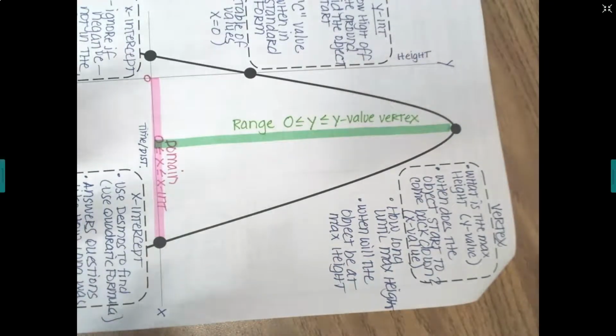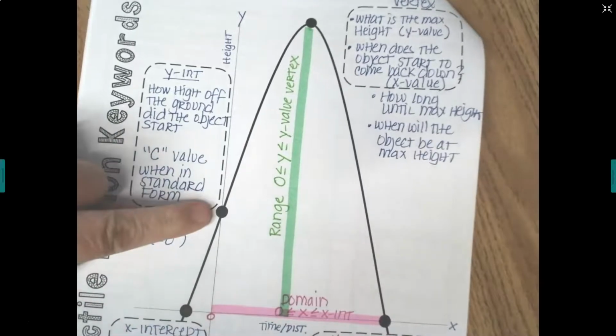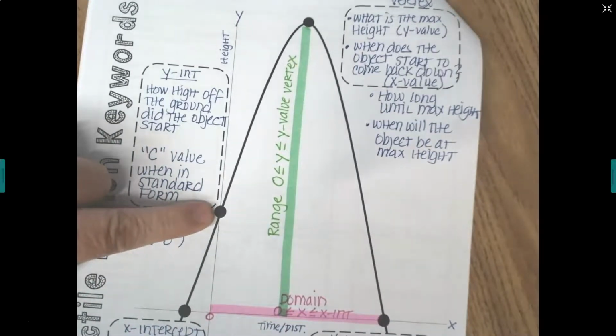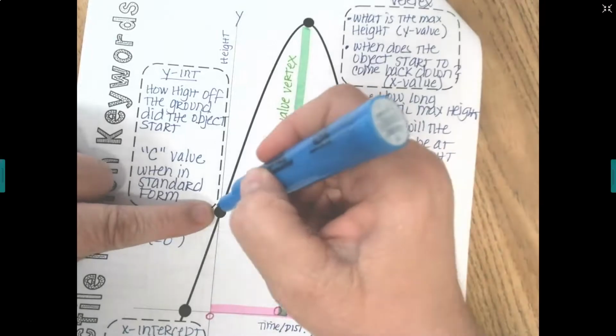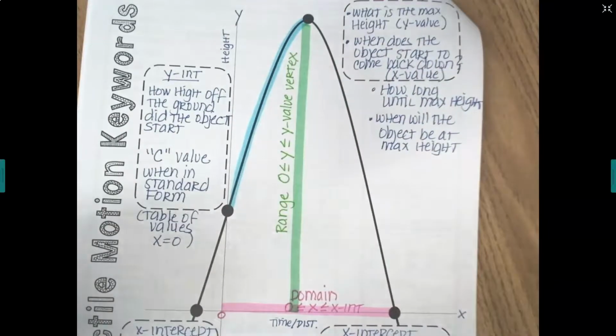So these real world problems have restricted domains and ranges. We have to pay attention to what can actually occur. There's two more things that I want to tell you. Those are our intervals of increase and decrease. Starting here at the y-intercept, because that's where our real world starts, all the way up here to the vertex.